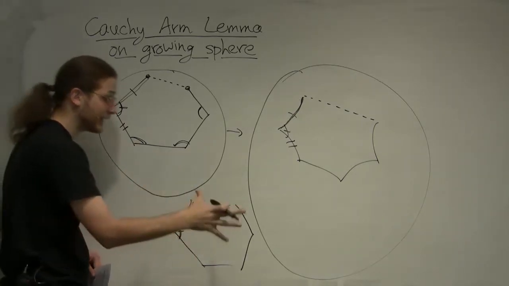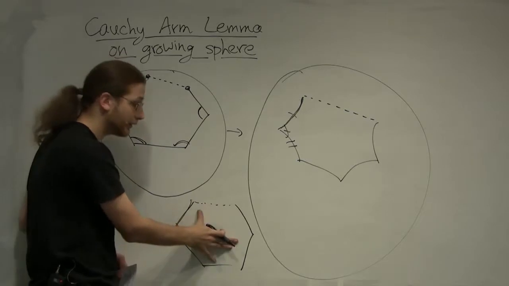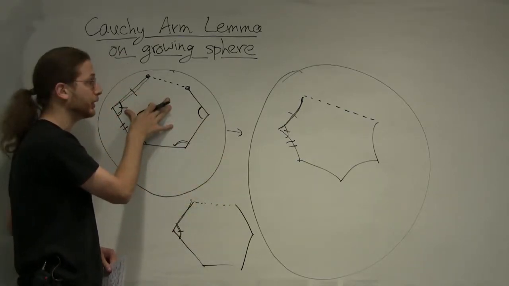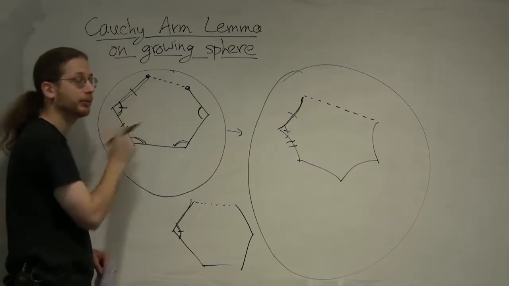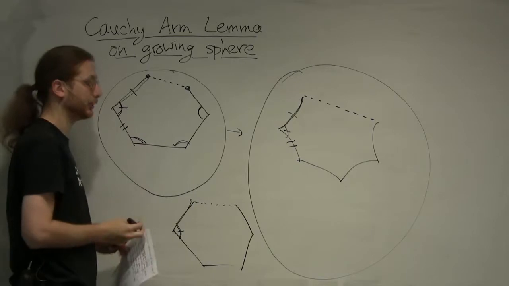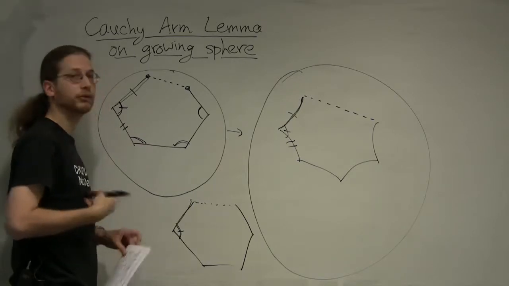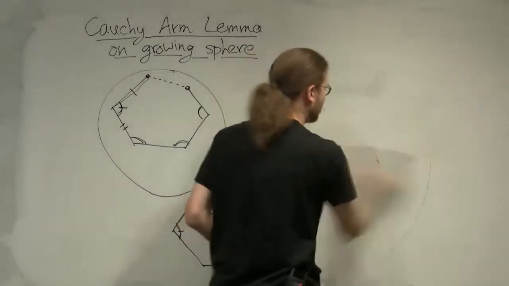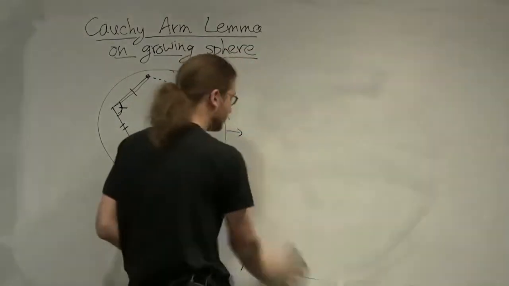And in the reverse, if I take a planar convex chain and I redraw it on some sphere, the distance will go down, provided this thing is also convex. So that's the lemma. Now let me show you how to use that to prove that all those wrappings are contractive. And it's really easy once you have this lemma.